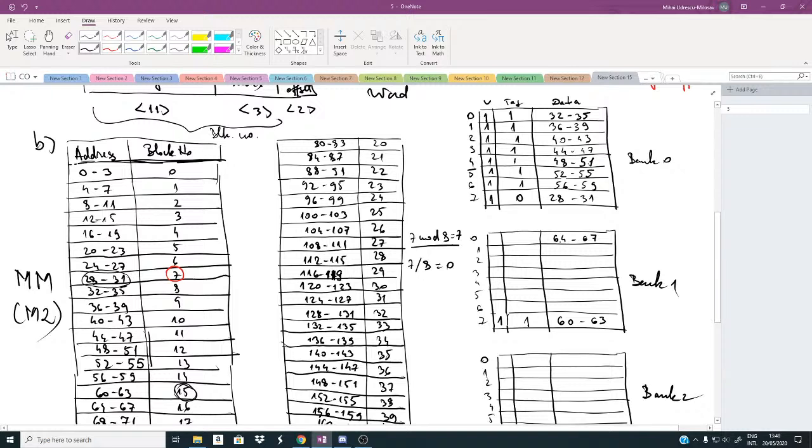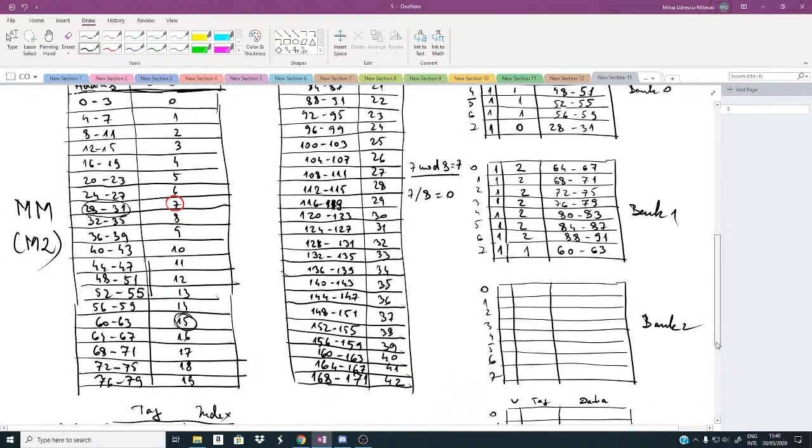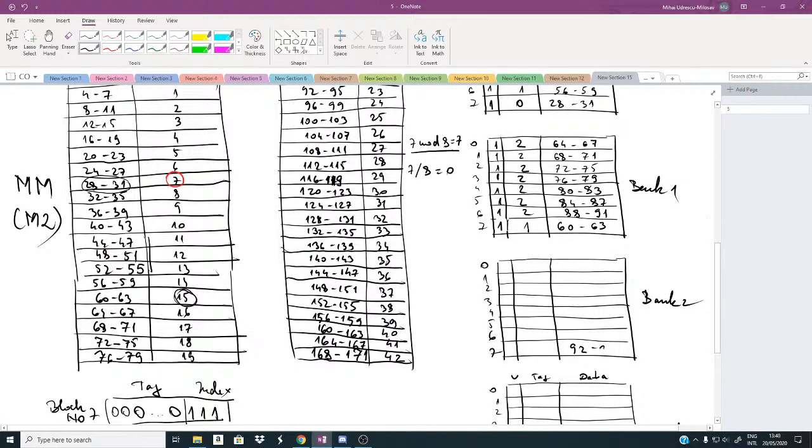So it maps at index 0, but 16 divided by 8 is 2, so the tag is 2, and so on. 68 to 71, 72 to 75, 76 to 79, 80 to 83, 84 to 87, 88 to 91, 92 to 95, and then 96 to 99.